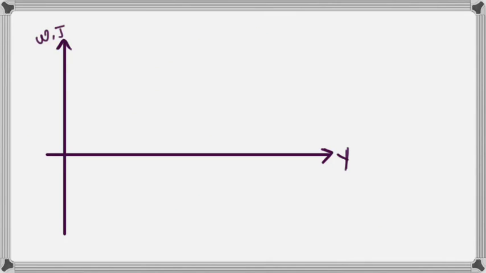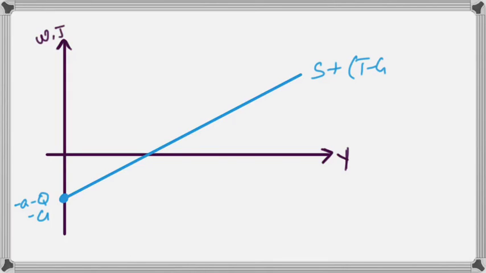And now finally, let's sketch both curves to find the equilibrium income. Let's first sketch S plus T minus G. So we know that the vertical intercept lies over here, which is minus a minus q minus G. If I sketch this curve, this will look something like this. This is S plus T minus G, the gradient being 1 minus b plus t.